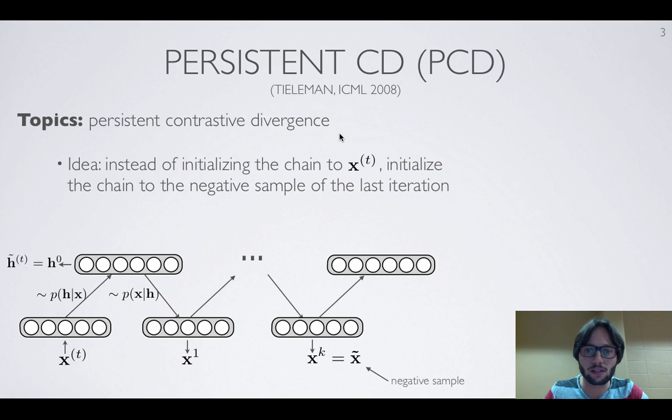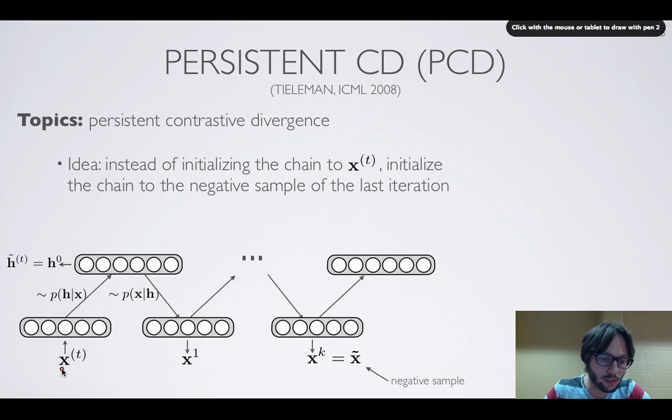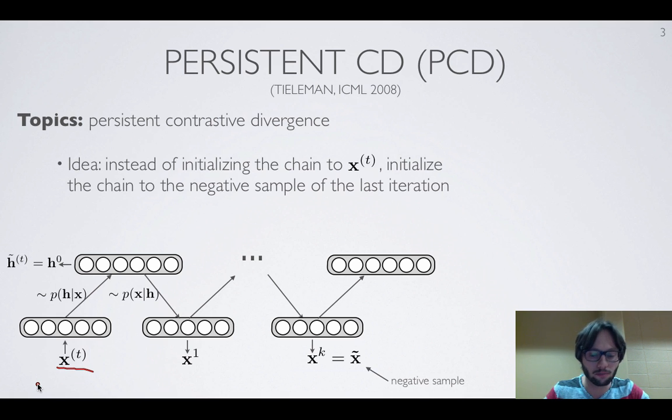And the idea of persistent CD is actually quite simple. Instead of initializing our Gibbs chain at the current training example, we will use the x tilde that we sampled at the previous iteration, before our update based on the previous training example. And that's it. The rest of the algorithm stays exactly the same.